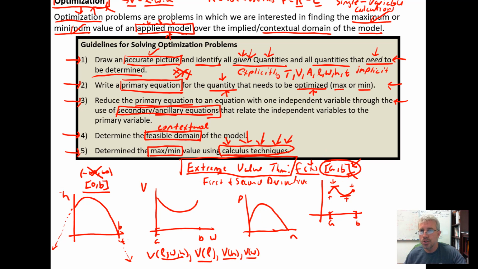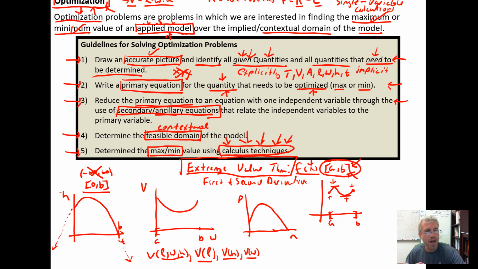And you want to use the tools from the last few homework assignments. So you're going to use things like the extreme value theorem to find that closed interval. Find your critical values on that closed interval, because the critical values are where relative maximums and minimums occur. But you know they're going to be global maximums or minimums possibly if we're working on a closed feasible domain.